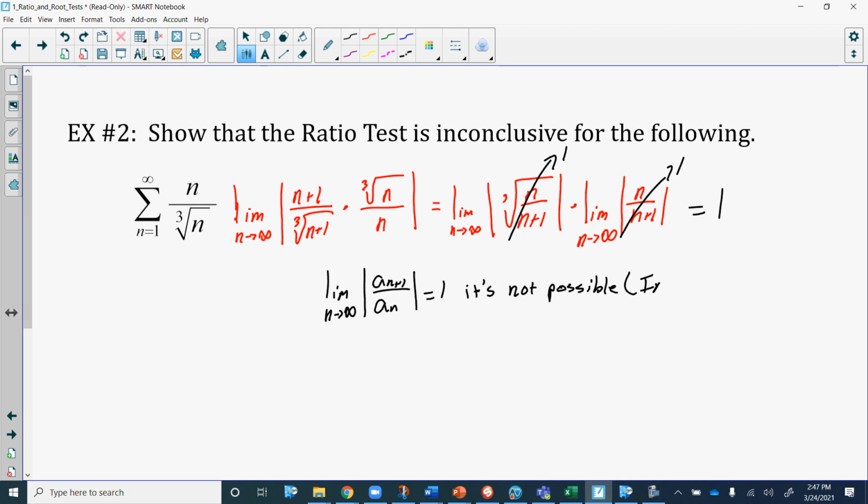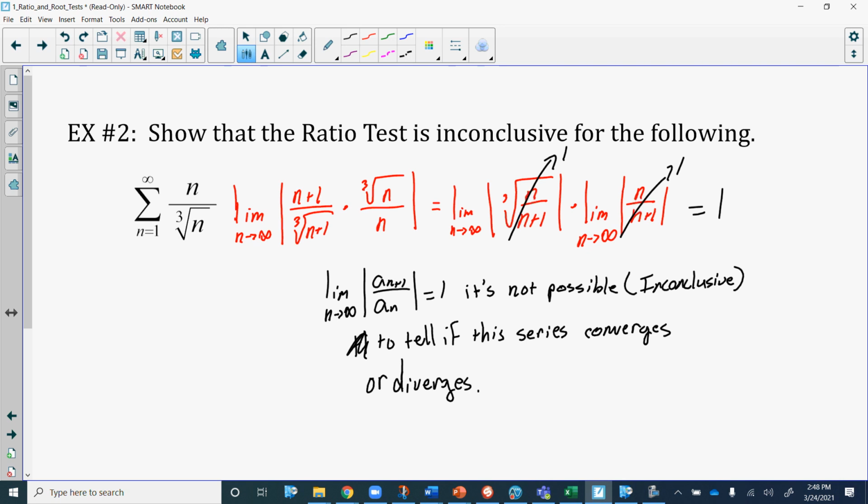In other words, it's inconclusive to tell if this series converges or diverges. So by the ratio test, there we go.